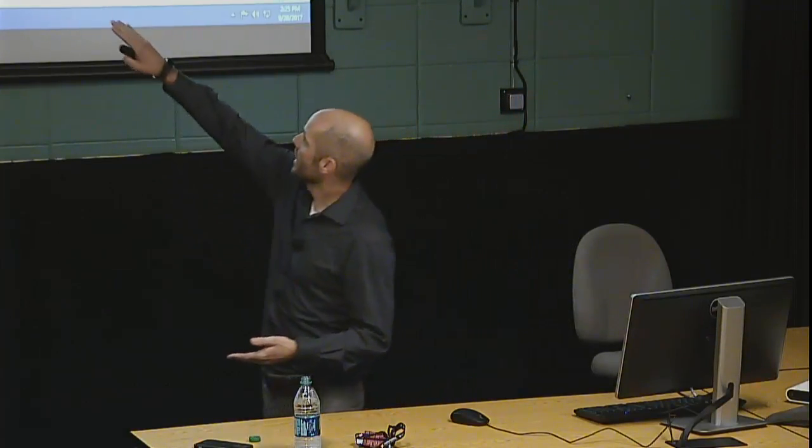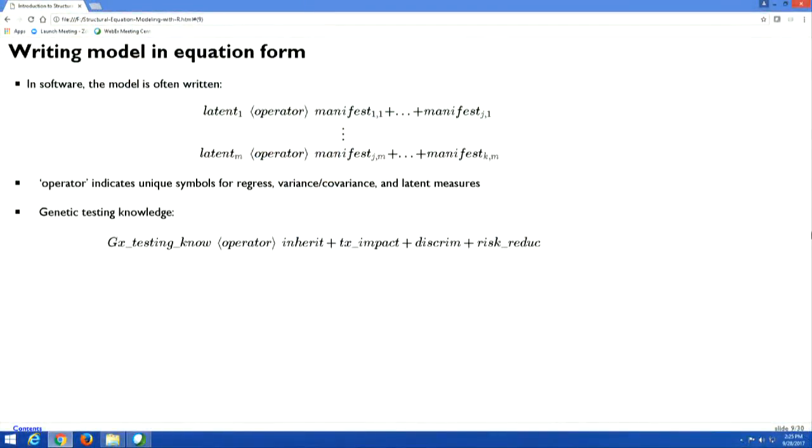And so to try to have some consistency in their syntax, they'll actually write latent and some symbol, some operator that tells the software what kind of analysis you want to do, is a function of all these manifest variables that we've collected data on. So this is a more familiar framework in that we're estimating the latent variable, and that's a function of all these manifest variables.